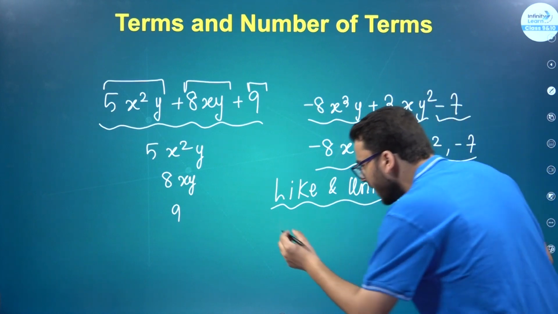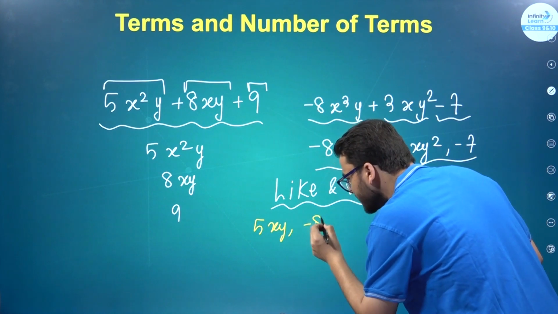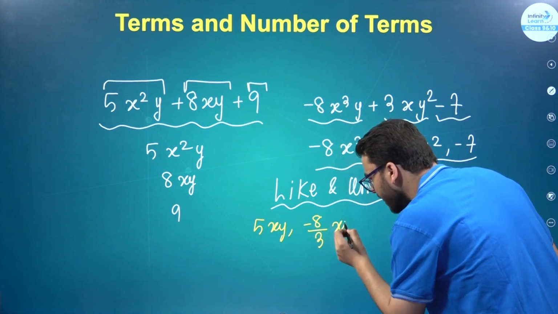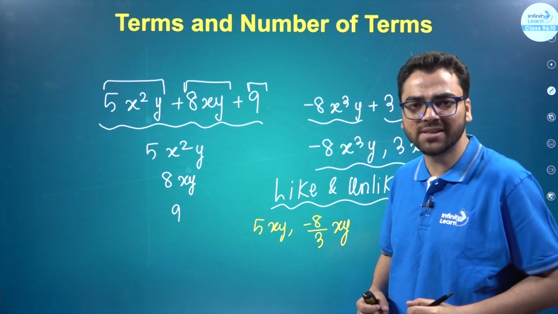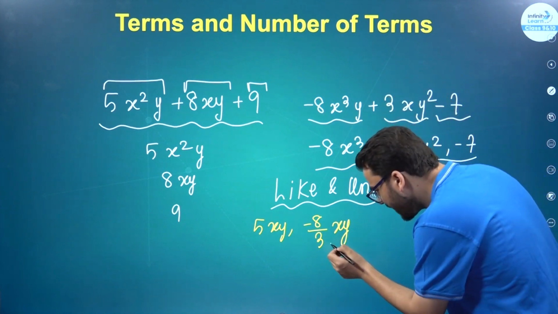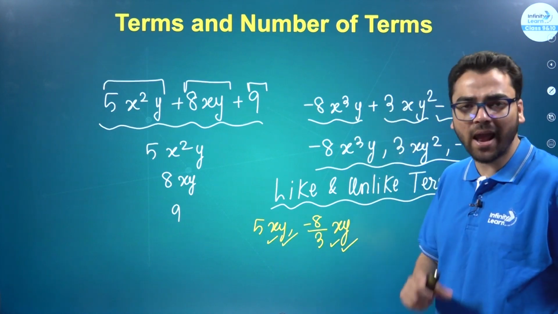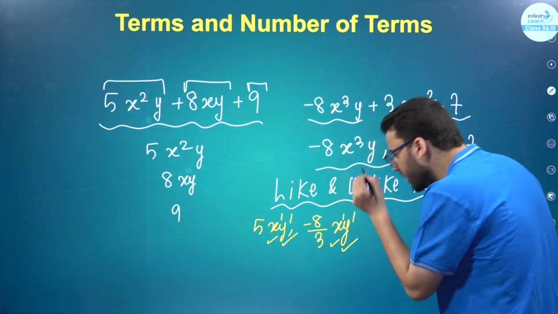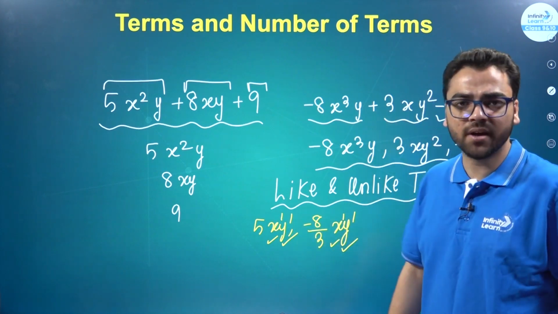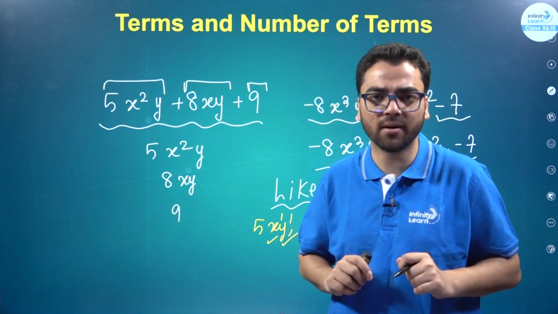For example, if I have got 5xy comma minus 8 by 3xy. So these are like terms. Why are they like terms? Because you see, they are having same variables over here, same variables x and y, and the exponent of each of the variables, they are same. Then you will say that they are like terms over here.